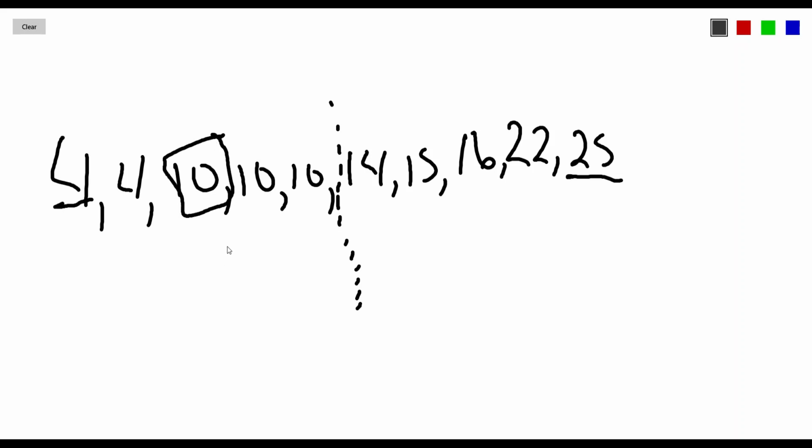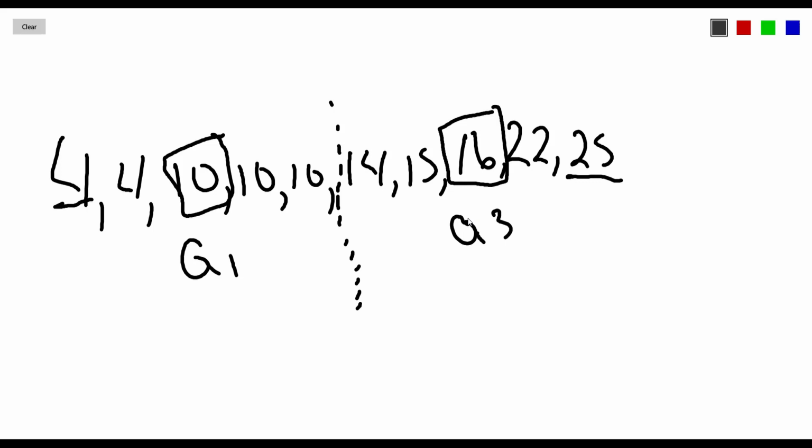So that would be 10. That would be our Q1. And 14, 15, 16, 22, and 25. We take the 3rd number, and this would be our Q3, or our upper quartile. Again, those terms are interchangeable.